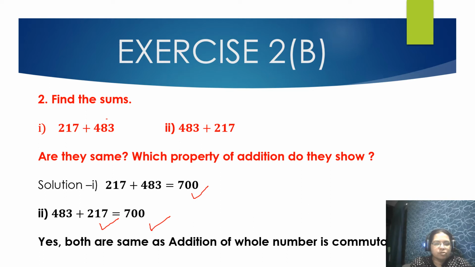In first bit we get 700 and in second bit also we get 700. Both are equal. Are they same? Yes, both are same. This is the commutative property of addition of whole numbers. As you know, addition of whole numbers is commutative.